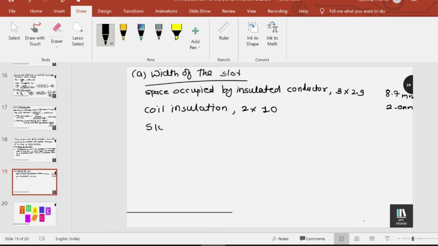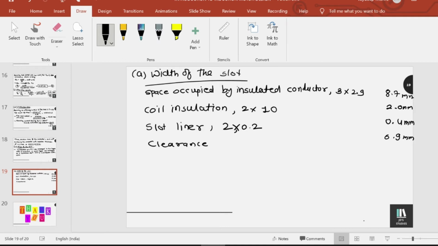Then slot liner, 2 slot liners multiplied by 0.2 mm, so we get 0.4 mm. Clearance between 2 windings is 0.9 mm.